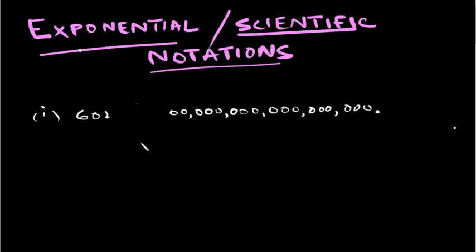If I write this number like this, 6.02 exponential 23, you have a number that is much smaller in terms of writing the digits, but it has the same meaning as the upper number. So how is it possible, and what are the ways to write numbers in scientific notation? We'll cover that step by step.